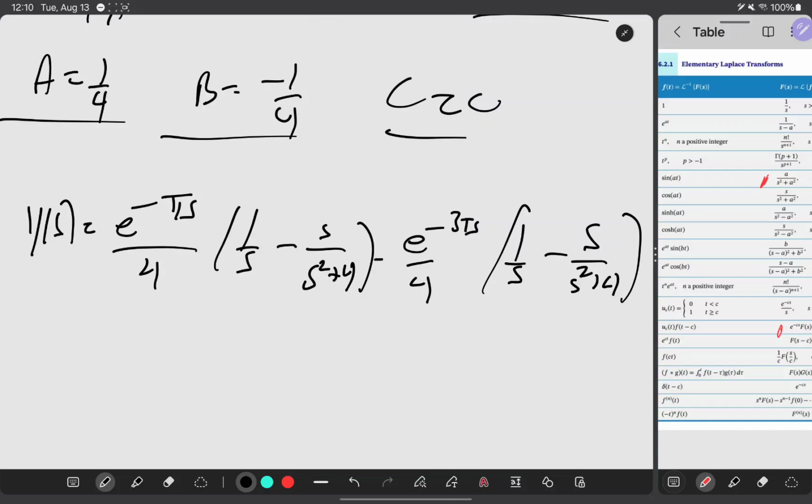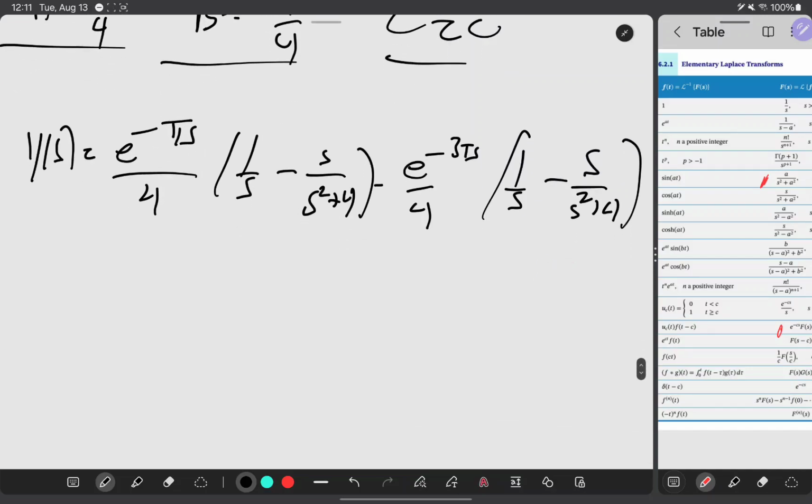Okay, let me just check this, make sure this is correct. Where is it? Oh, down here. 1 over 4. Yeah, they wrote it differently, but yeah, same thing. Okay, so we're gonna have to replace our t for both of these. This first one would be f of t minus pi.